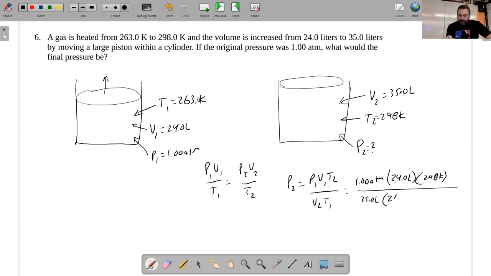And T1 is 263 Kelvin. So let's see, 24 times 298 divided by 35 and 263. 0.777 is 3 significant figures. It comes out to be 0.777 atmospheres. So that's what P2 happens to be.